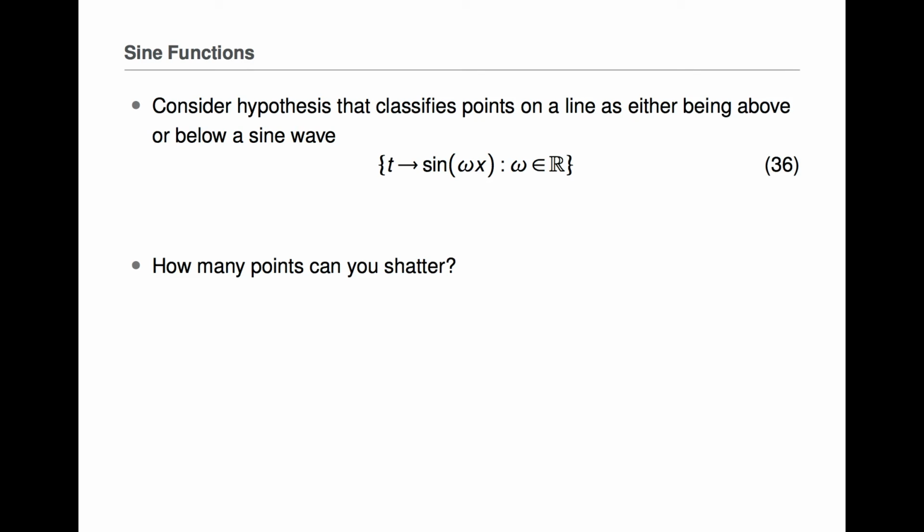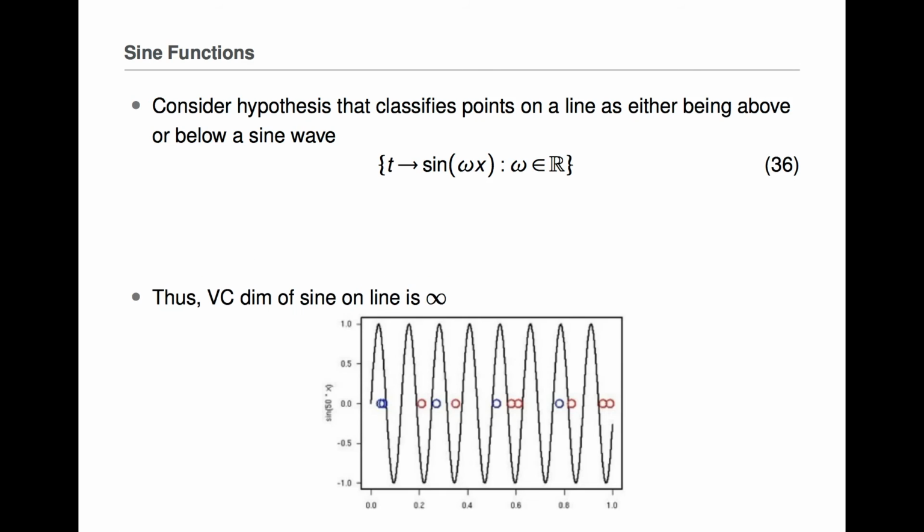Is there a limit? It turns out, and you'll do this as a homework assignment, that the VC dimension of a sine on a line is infinite. For any set of size m, you can choose a frequency omega so that you classify all of your points perfectly. This means that the sine function probably isn't a very good classifier. It's way too complicated and can easily overfit on a training set.